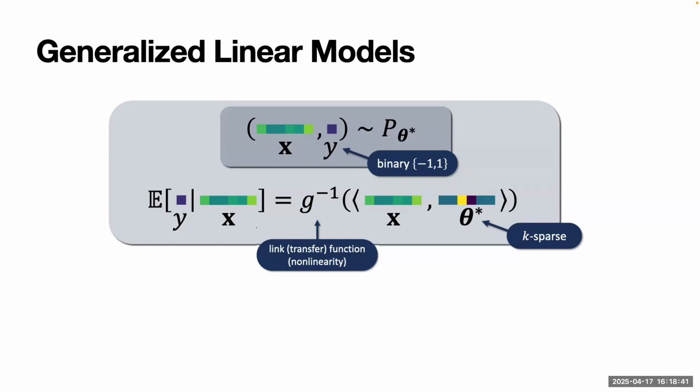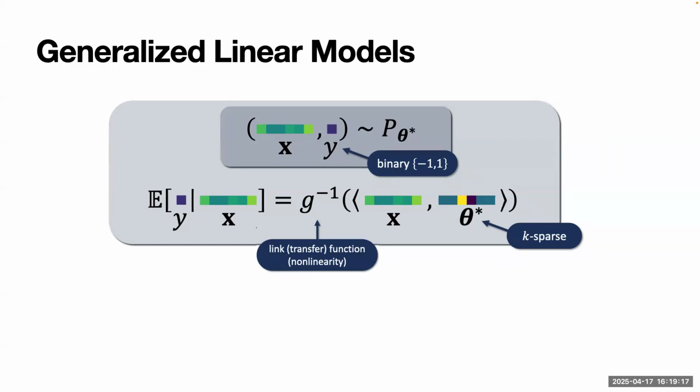This is the linear part, and this is the link function relating the expected value of Y to this linear part. We are further assuming that this theta star is k-sparse. So that's our model. We will use the BIHT algorithm on the data generated from this model, and we are going to show that we recover theta star.